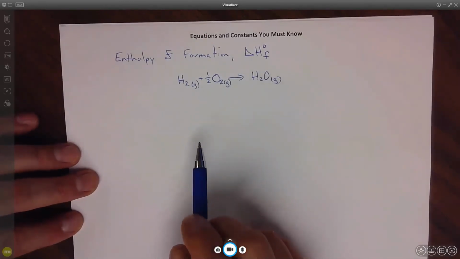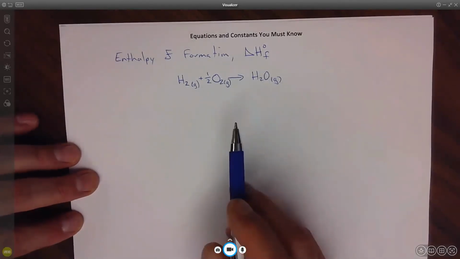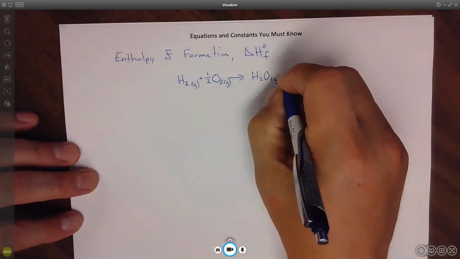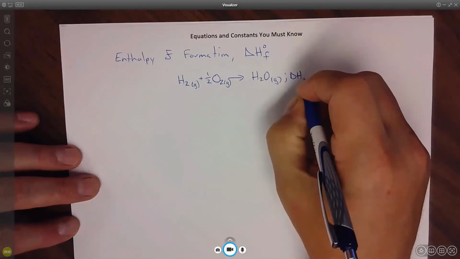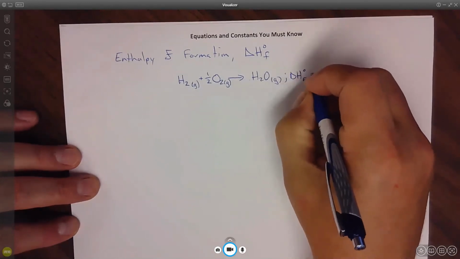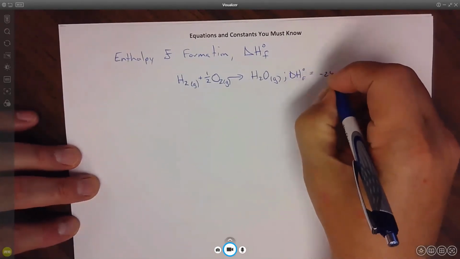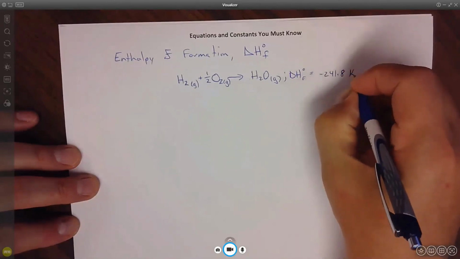Now, the amount of energy required to do that is going to be equal to negative 241.8 kilojoules.